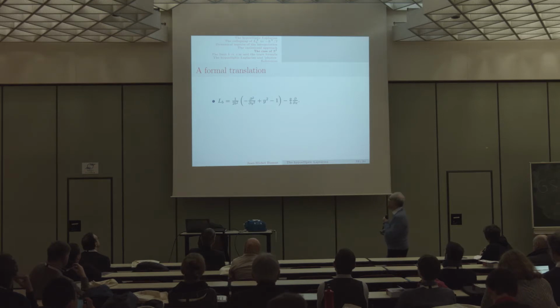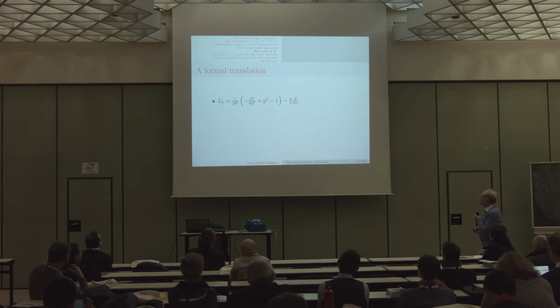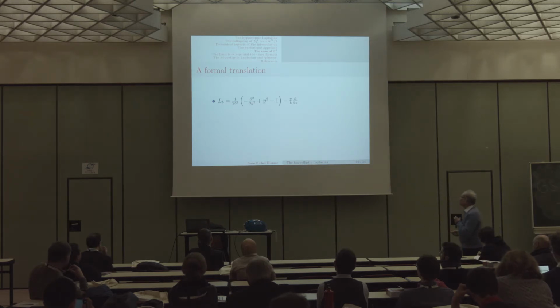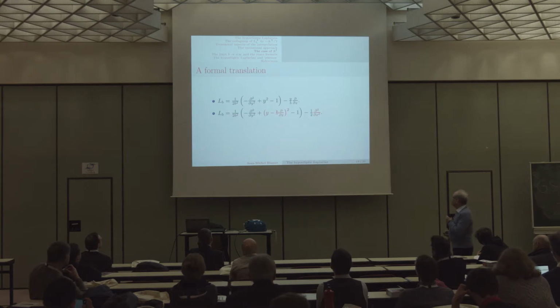So I again take the operator L_b, the hypoelliptic Laplacian over S^1. Here I take x in the circle and y to be just a variable in R. So that's the simplest hypoelliptic Laplacian possible. What we shall do is make a reduction of squares.